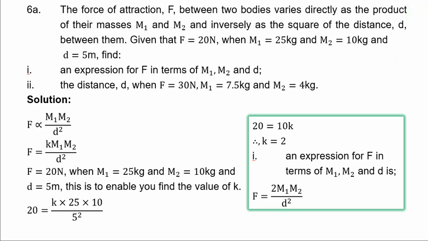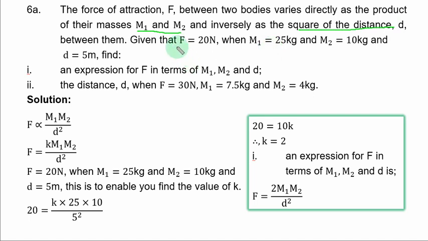Question 6a. The force of attraction F between two bodies varies directly as the product of their masses m1, m2, and inversely as the square of the distance d between them.